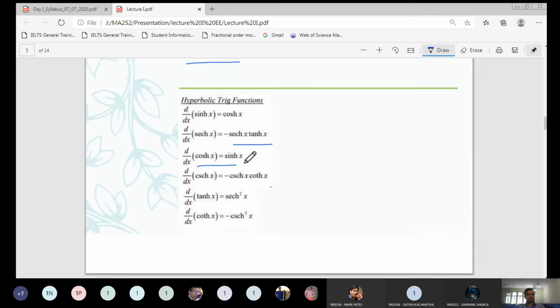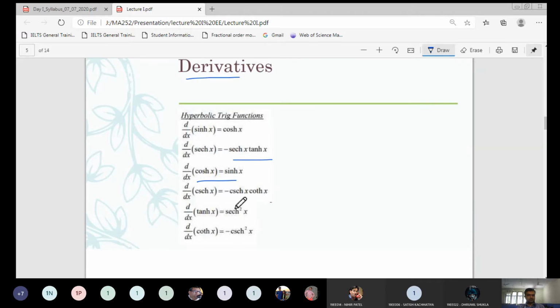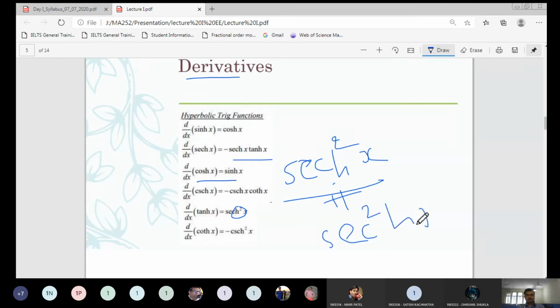But here you can observe the writing part, how we write sec hyperbolic square x. Many students will make mistakes in this one. This is not the same as sec square hyperbolic x.